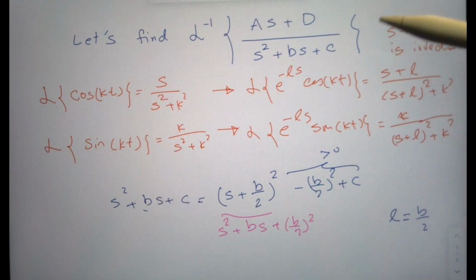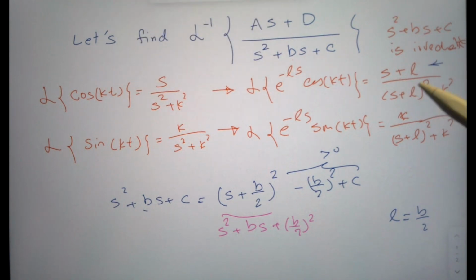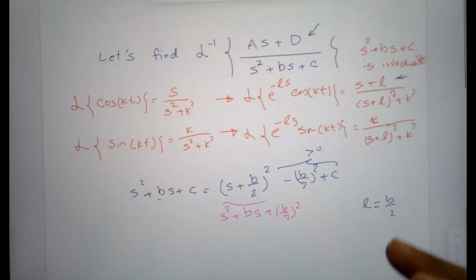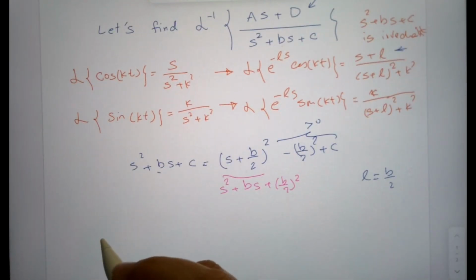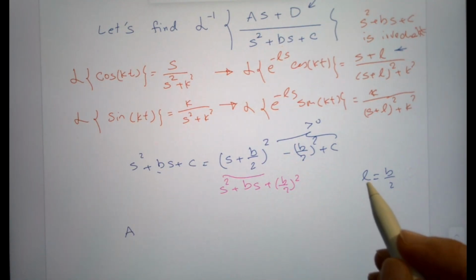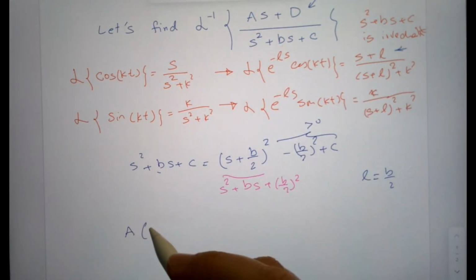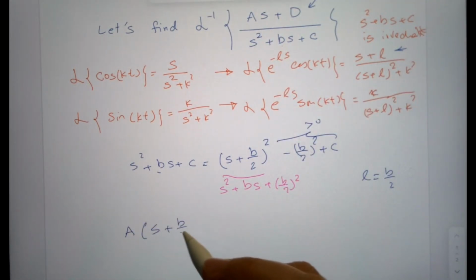So I need to make sure that s plus L is created in the numerator. How do I do that? Basically, I'm going to write this down as A, and L is b half, A times s plus b half.